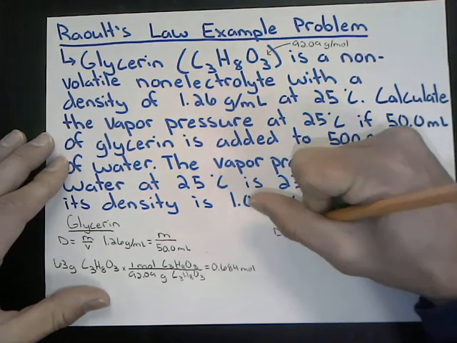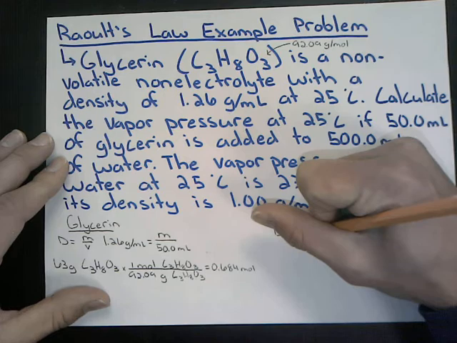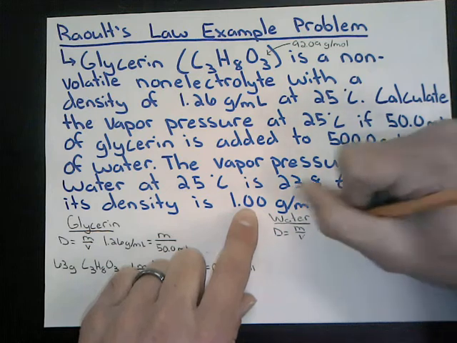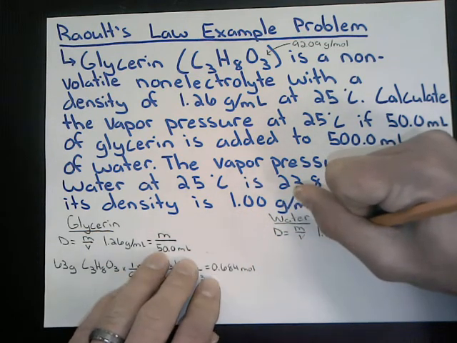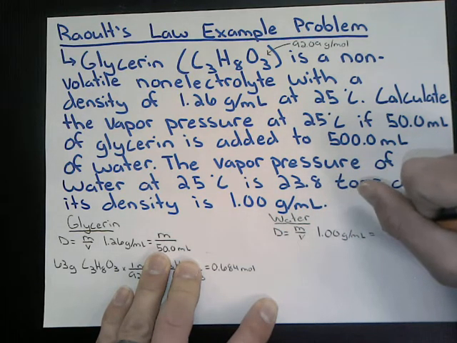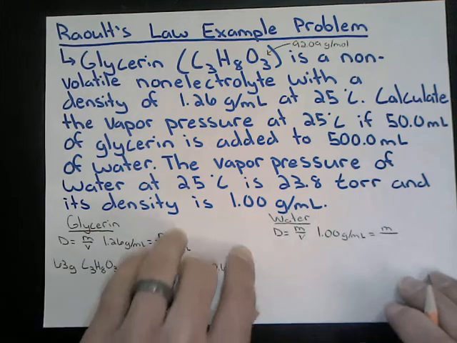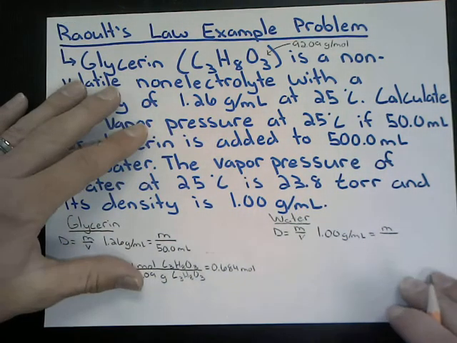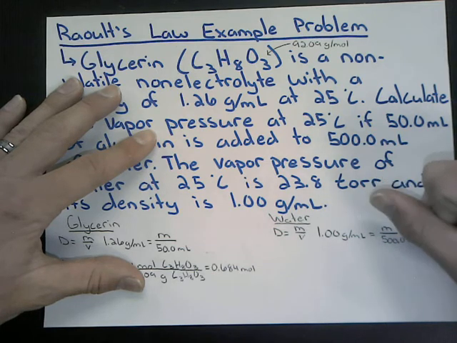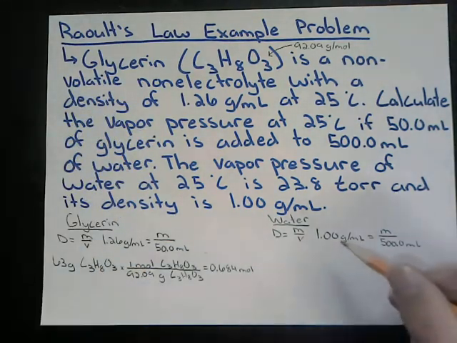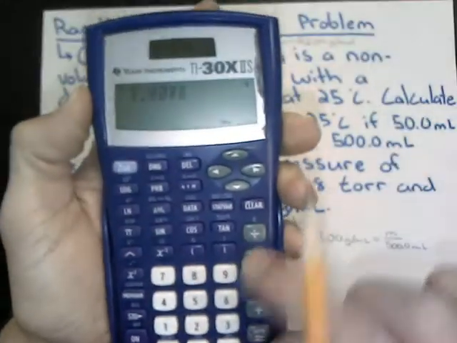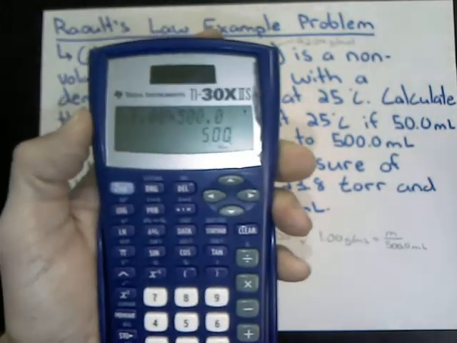I have D for density equals mass divided by volume, and the density of water at 25 degrees Celsius is given to me as 1.00 grams per milliliter, and it's equal to our mass, which again it does not give, but it does give our volume of water to be 500.0 milliliters. So I put down 500.0 mL. Hopefully you can see this, but if you can't, 1.00 times 500.0 is going to be 500.